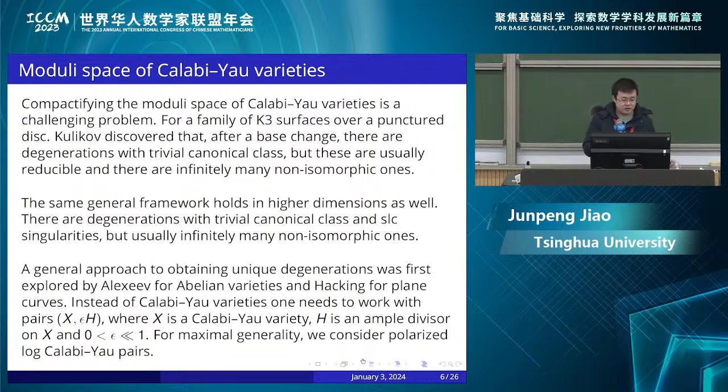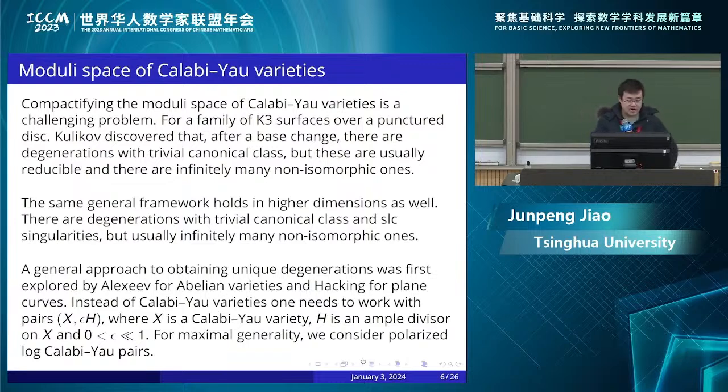Usually, to make the moduli space proper, we have to find a unique degeneration. A general approach to obtaining unique degenerations was first explored by Alexeev for abelian varieties and Hacking for plane curves.